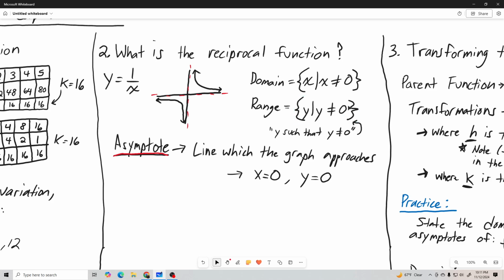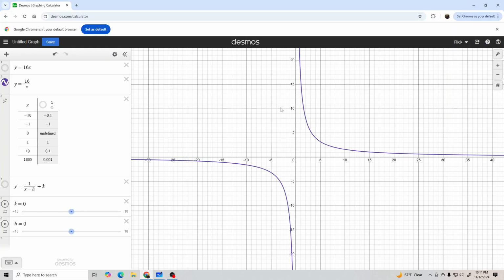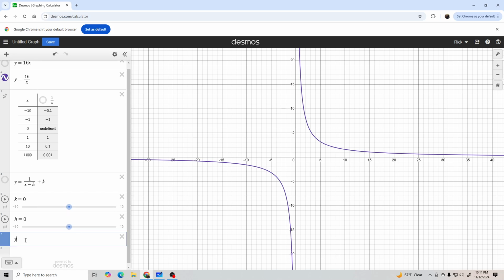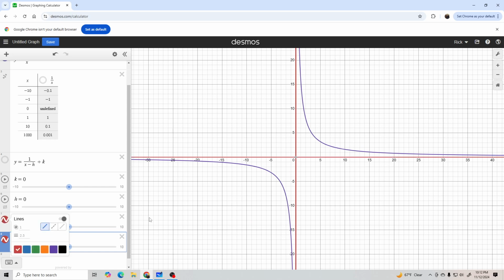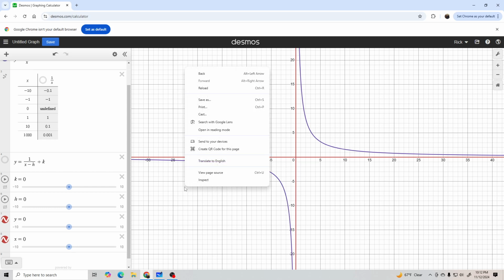Now, what's really cool is if we go back to this, imagine if I created the line, and I'll just create these over here real quick. If I create the line y equals 0, and I create the line x equals 0, and I'm going to see if I can make both of these red. There we go. You'll notice that our red lines here are actually lines that the purple function here will keep getting closer and closer to, no matter where we go, right?